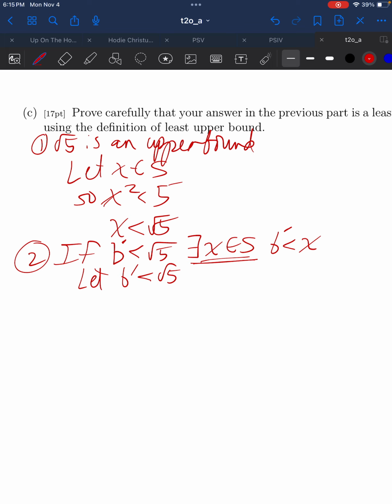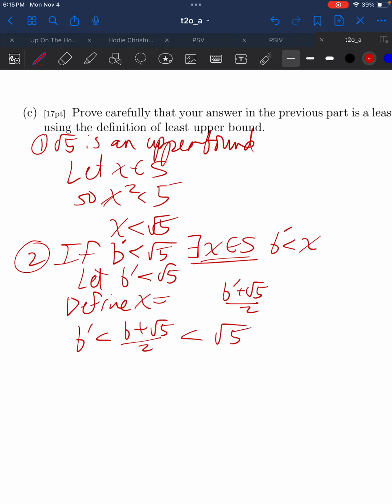The standard trick is to take the average, B prime plus square root of 5 over 2. The reason for that is we've seen many times before that B prime plus square root of 5 over 2 is between B prime and the square root of 5. So that means it is bigger than B prime. That's what we wanted. So we get one of these right away.